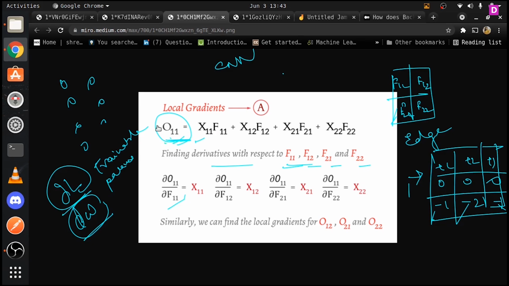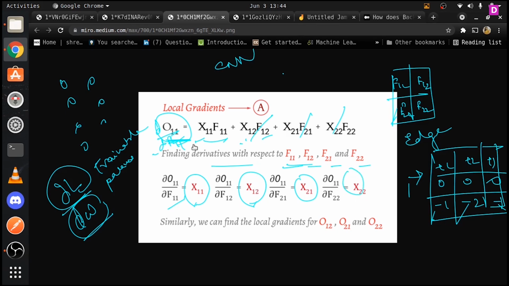If you differentiate the whole thing, the rest will go to 0, because we are doing partial derivatives. For partial derivatives, everything else is constant. So now you will be differentiating this and you will get x11. In the same way, if you differentiate O11 with respect to F12, you will get x12, and so on, right?